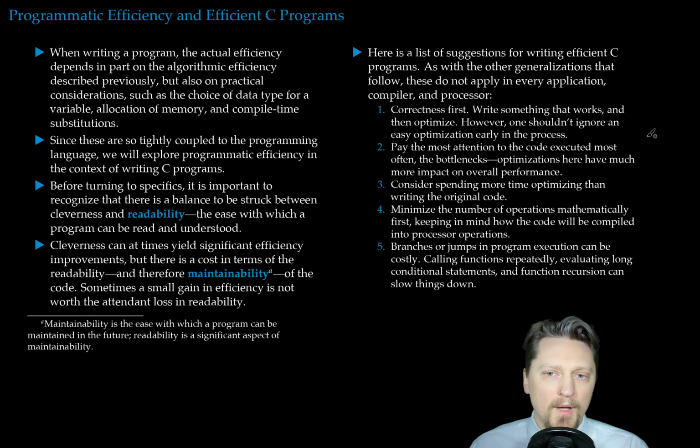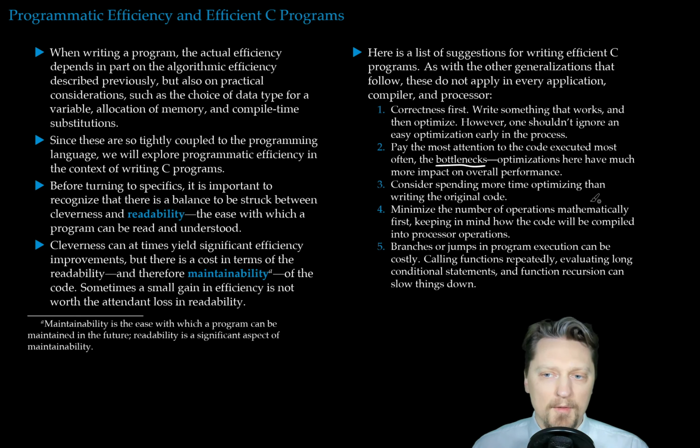2. Pay the most attention to the code executed most often, the bottlenecks. Optimizations here have much more impact on overall performance, so we've got to watch out for those bottlenecks. 3. Consider spending more time optimizing than writing the original code. 4.